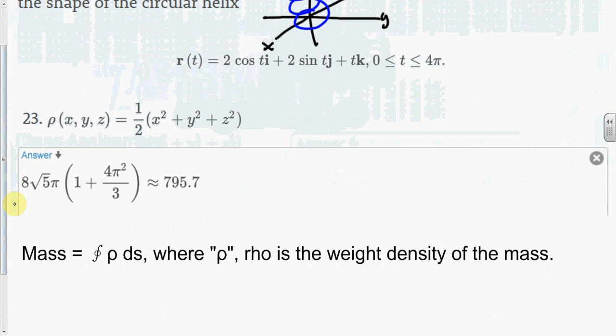Okay? So here they give us rho, the density, to be 1/2 times x squared plus y squared plus z squared. Now, can we calculate the mass using what we've just talked about from before? Let's see.